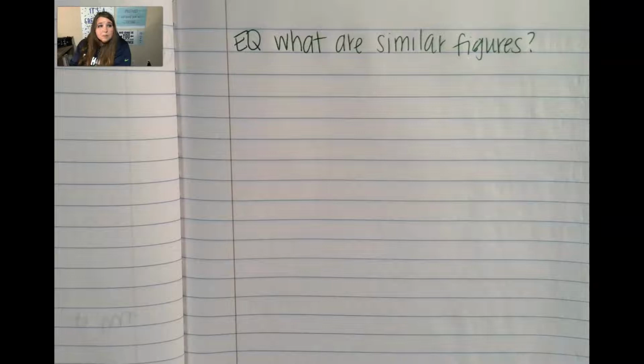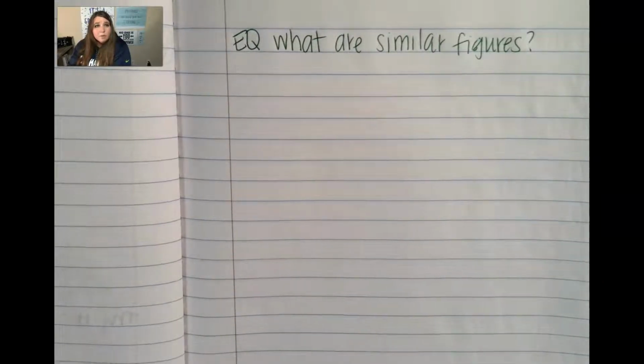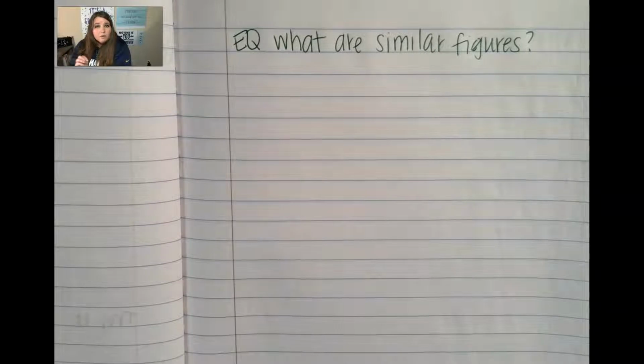What makes them similar figures is that they have the same shape, like we can get one from the other, and their angle measures might be similar or congruent.